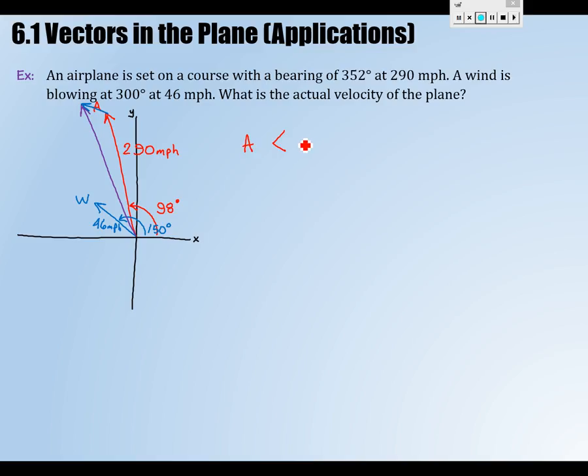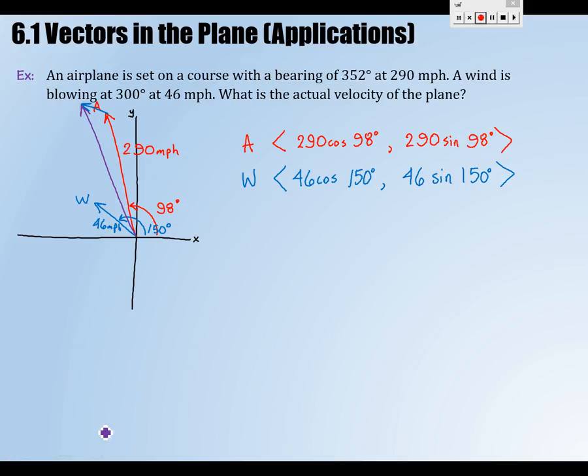How do we do this? 290 cosine 98. 290 sine 98. So far so good.